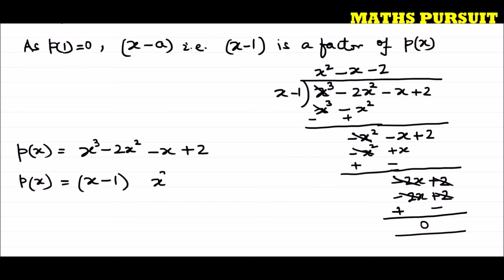That means x minus 1 into x to the power 2 minus x minus 2 gives us this polynomial. Now guys, you could see that this is our one factor.